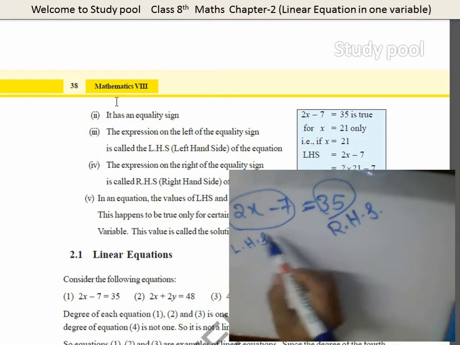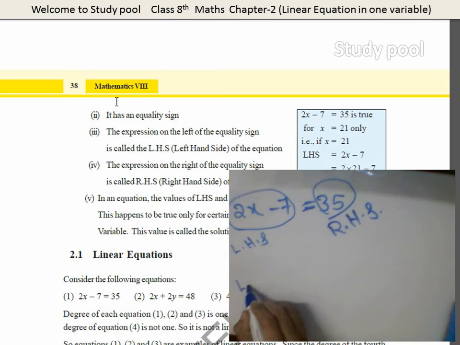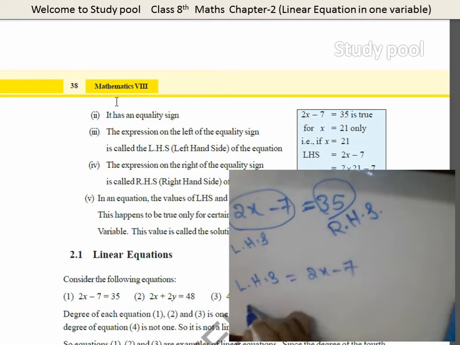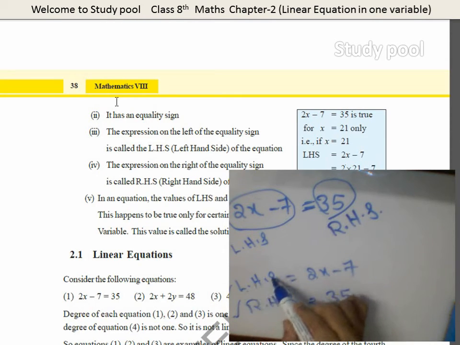So LHS is equal to 2x minus 7 and RHS is 35. Now you got LHS and RHS. It is nothing but left hand side and right hand side.